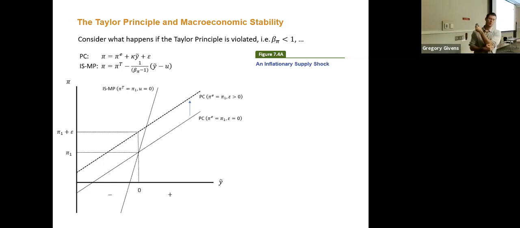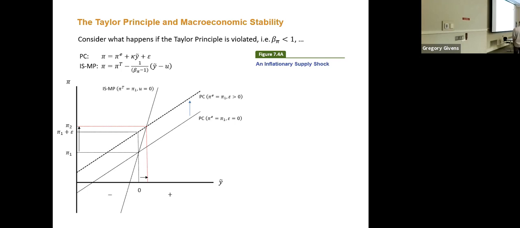What happens in a world in which the Taylor principle is violated? Instead of partially stabilizing inflation, what happens here? Actual inflation in equilibrium rises by more than the size of the supply shock.